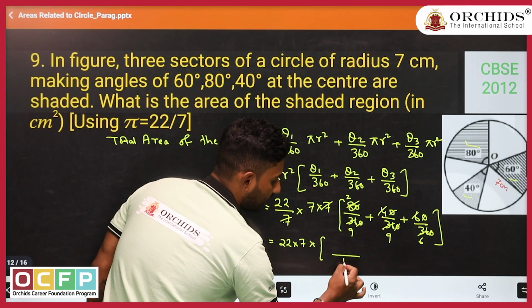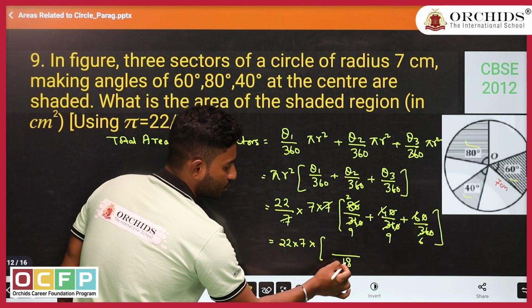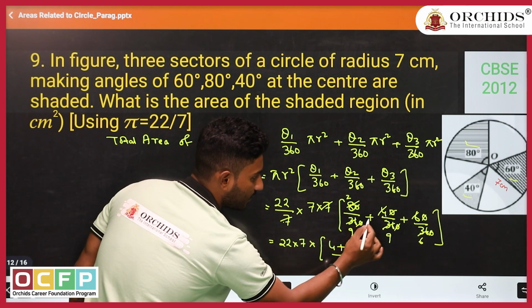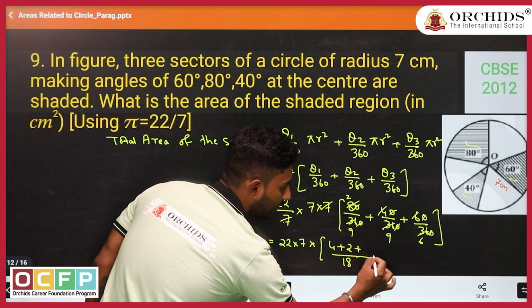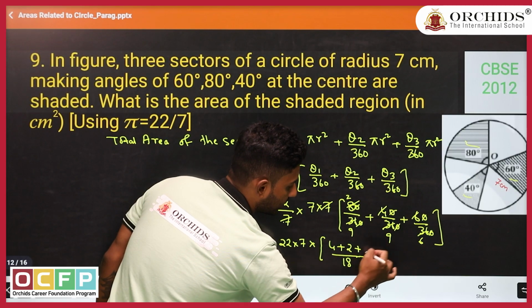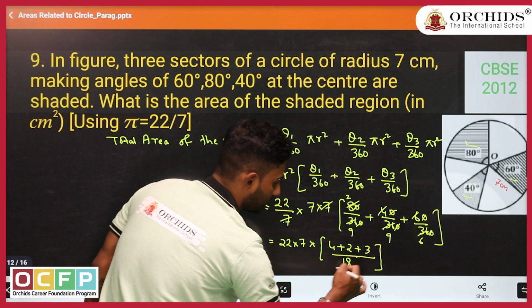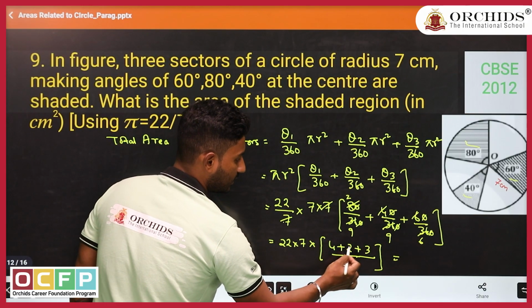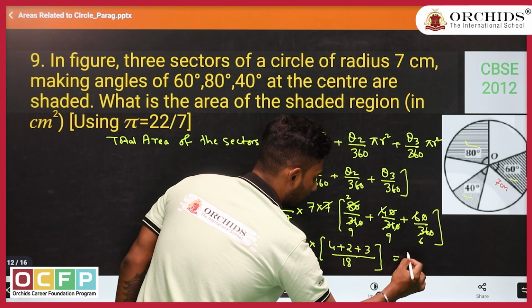So I think the LCM will be 18. So 18 by 9, 2, 2 into 2, 4, plus 2 this side and 3 this side. Okay, fine. So it will be 4, 6, 9.